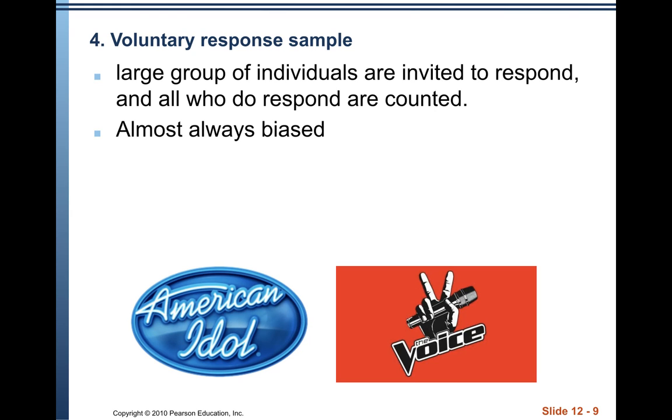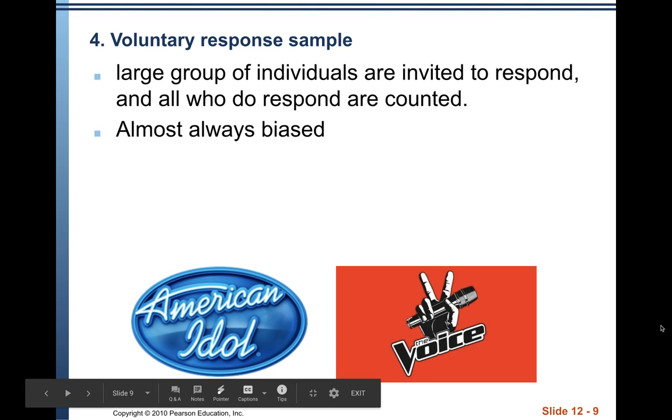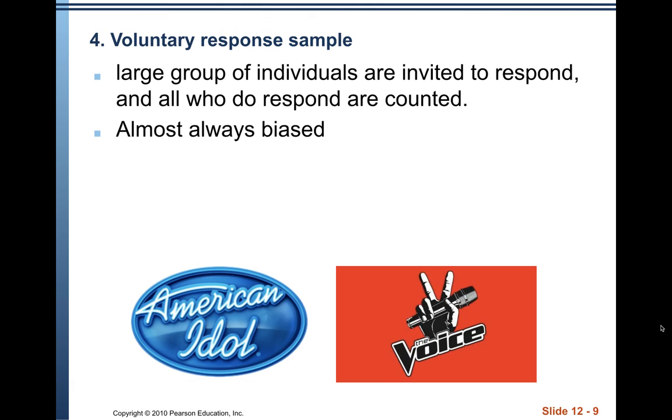Going back to the American Idol and The Voice example, if you have a contestant that you feel really strongly about, you're more likely to vote. Whereas if you don't care, if you're just a casual viewer of the program, you're probably less likely to vote. So that is going to create some sort of bias.